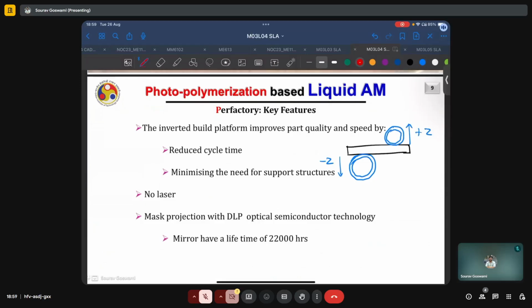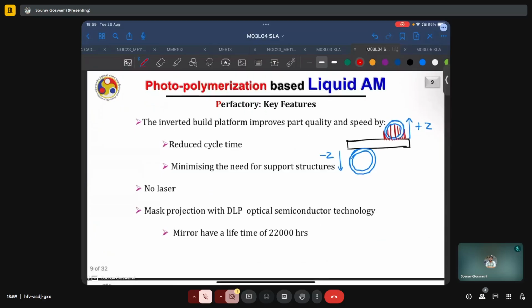When building along positive z, we will have some support structure at the bottom to allow for machining allowance, and then support structures to support these overhangs, and also support structures inside to support the overhanging features on the inside. Whereas when building it along the negative z direction, you might still have some supports to allow for machining allowance or to allow it to separate from the build plate. But that is about it.